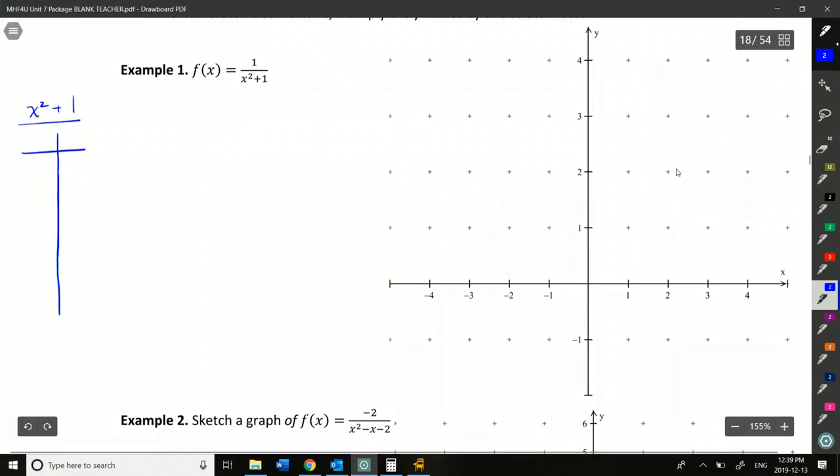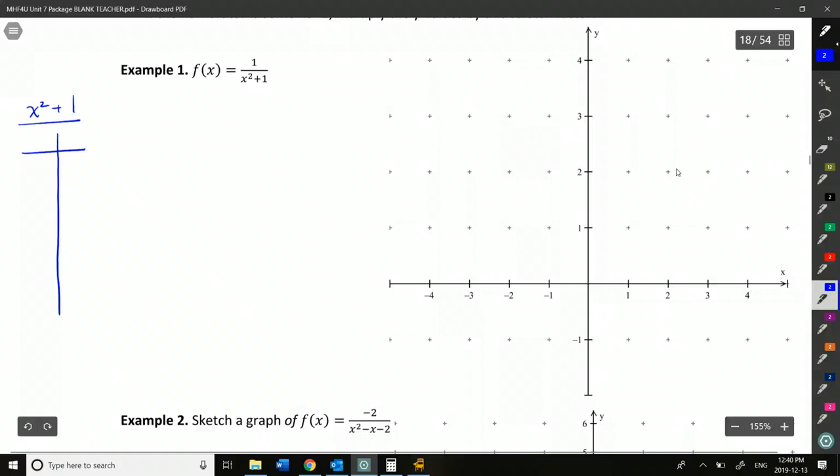And normally what you will do is you're going to build a table of values around your x-intercepts. Now, this function is a quadratic that's shifted up 1 unit. So this actually doesn't have any x-intercepts, but I know that this quadratic is going to look something kind of like this, right? So I think I'm going to build it around 0, and then we will get a couple points to the left of 0 and a couple points to the right of 0.